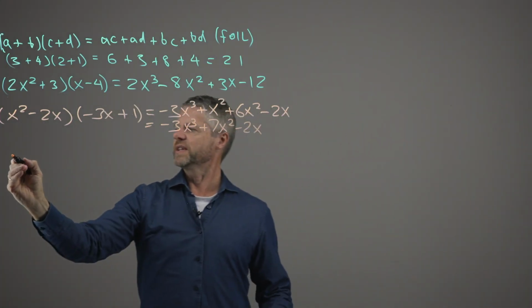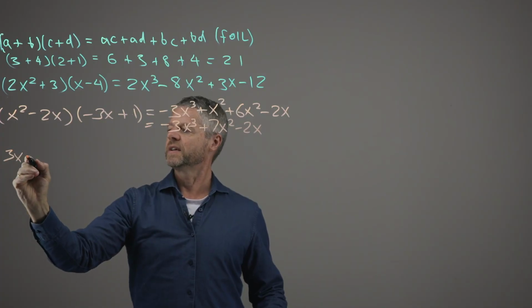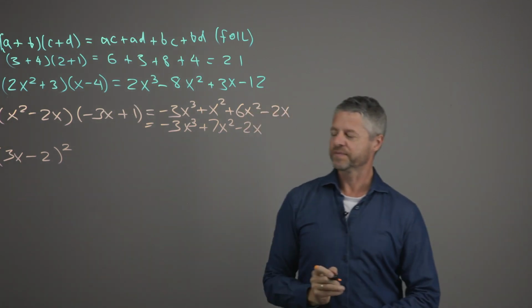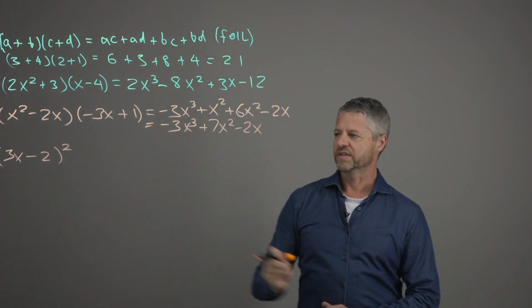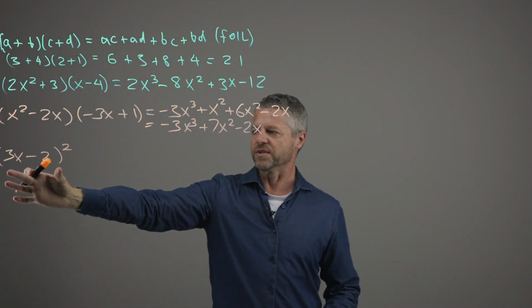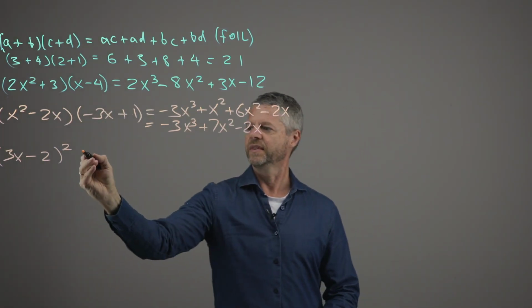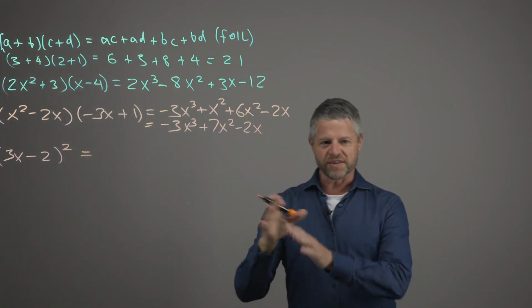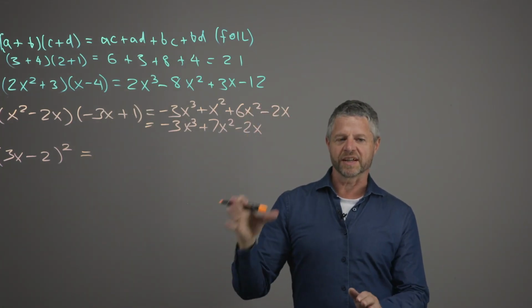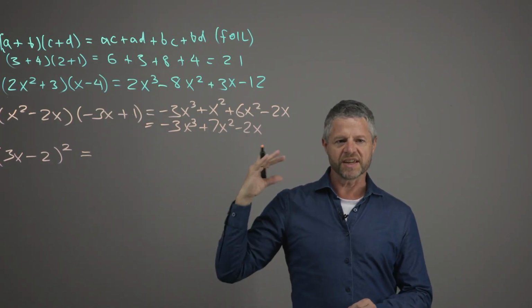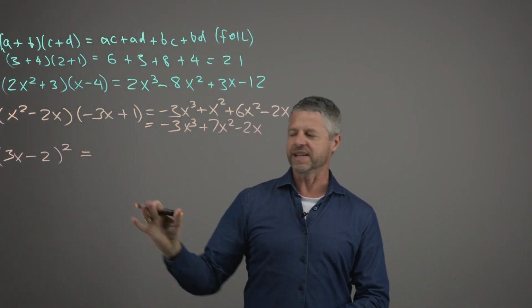Another example, let's do 3x minus 2 squared. So this fits with this pattern because we've got 3x minus 2 times 3x minus 2. But rather than writing it all out, I'm going to minimize the amount of writing I'm doing and just think ahead to what I'm calculating.